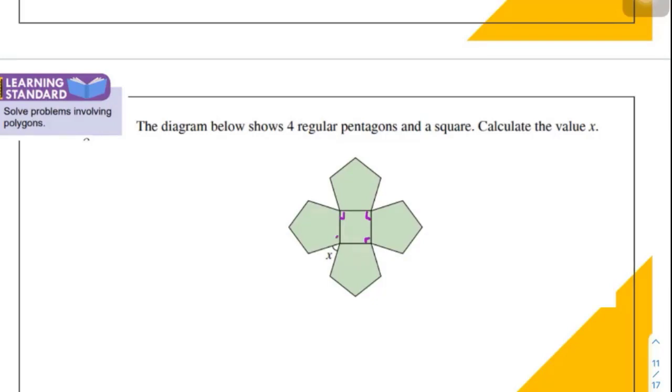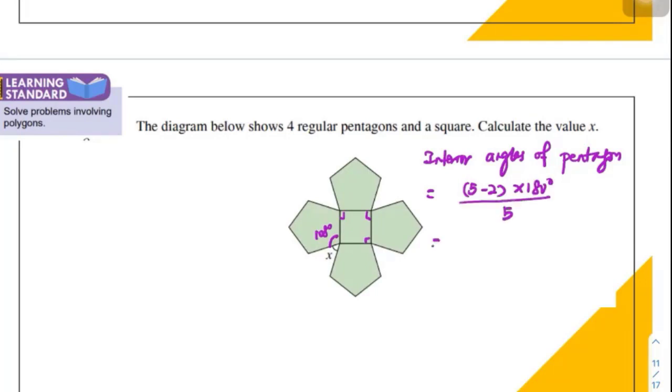The interior angle of a pentagon is equal to (5 minus 2) times 180 divided by 5, so you get 108.